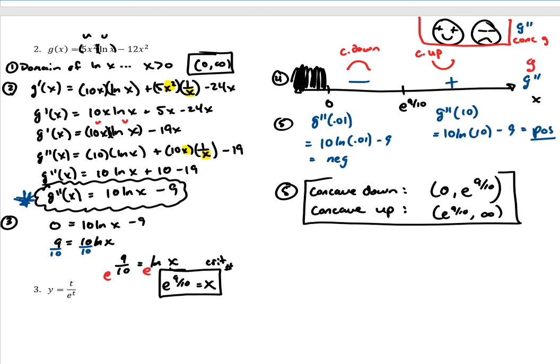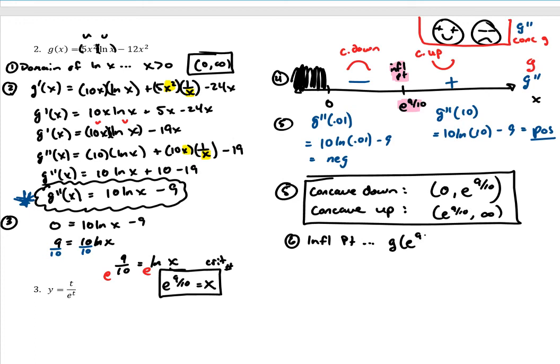So there's the concavity. And then looking back one more time, since it did change concavity, concave down to concave up, I do know that there'll be an inflection point here. So at this x value, I know there's an inflection point because it changed concavity. And so that means I need to plug that in. So to find our inflection point, we plug this x value into our original function.